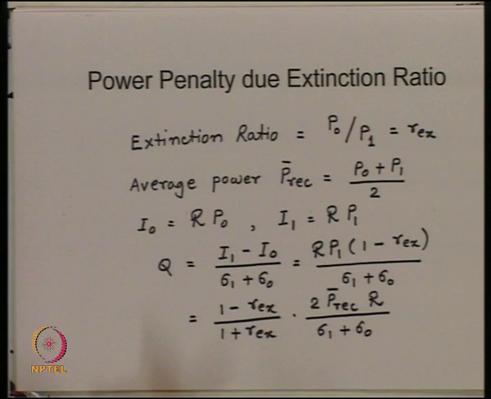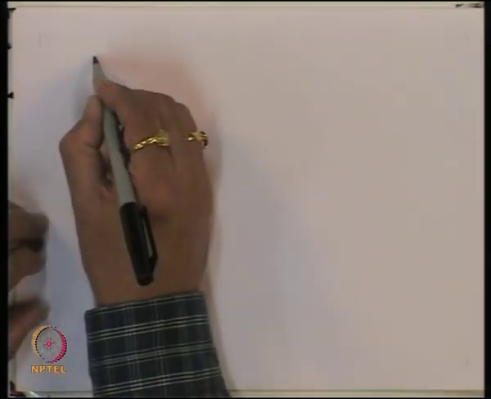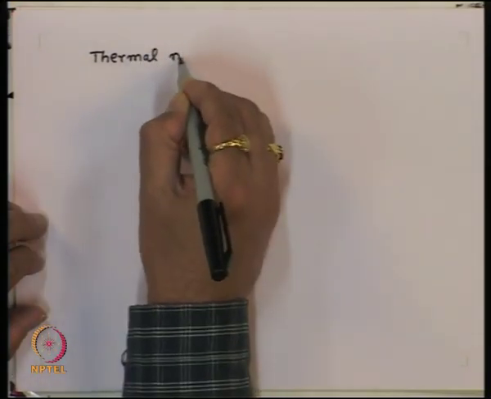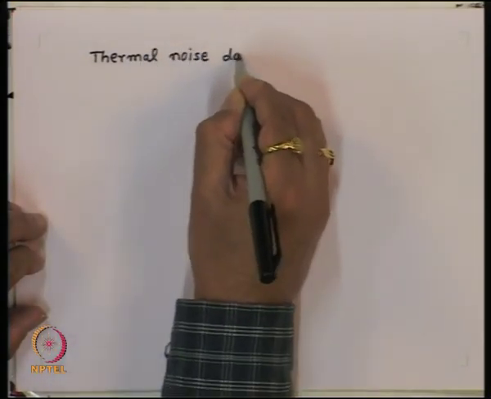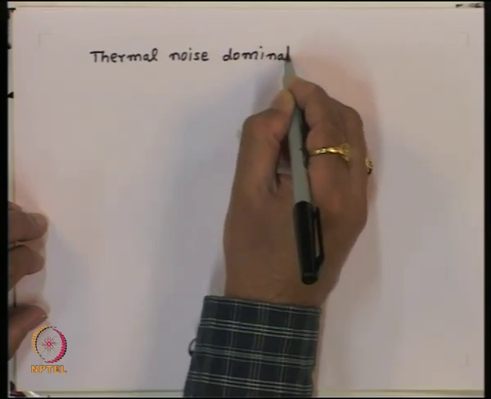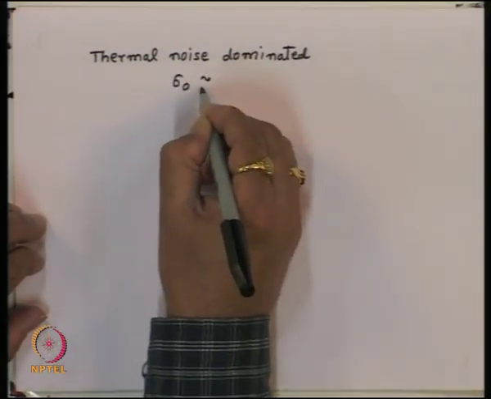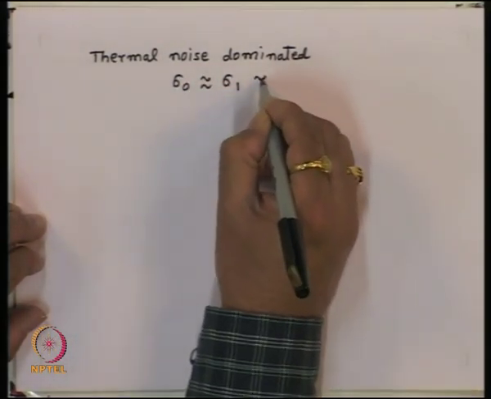Now, if we assume that the receiver is thermal noise dominated, then essentially sigma 1 and sigma 0 will be approximately equal to sigma t. So, under the assumption that my receiver is thermal noise dominated, we can get sigma 0 approximately equal to sigma 1 approximately equal to sigma t.